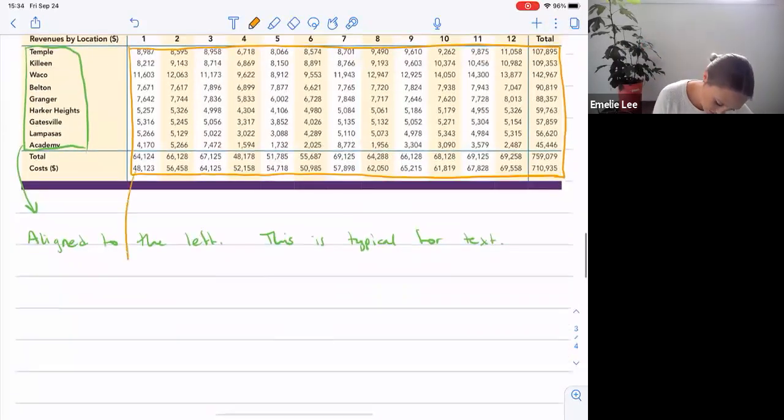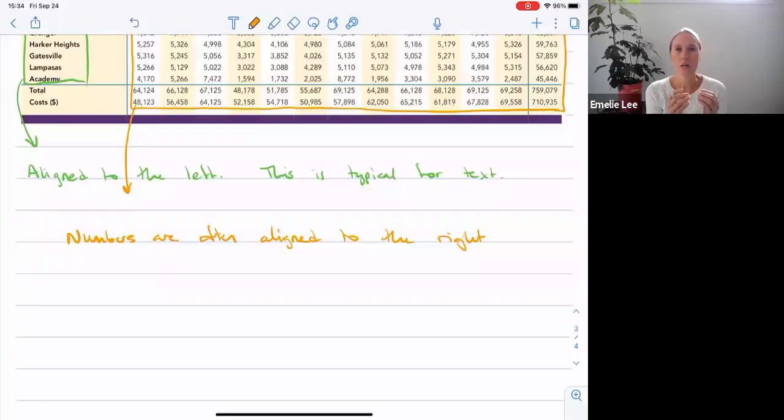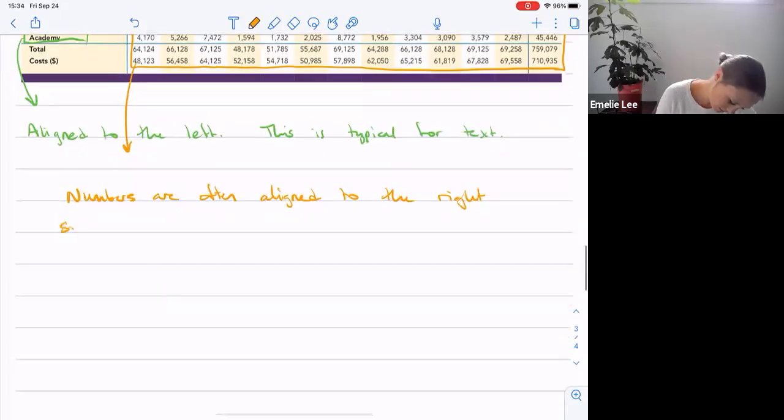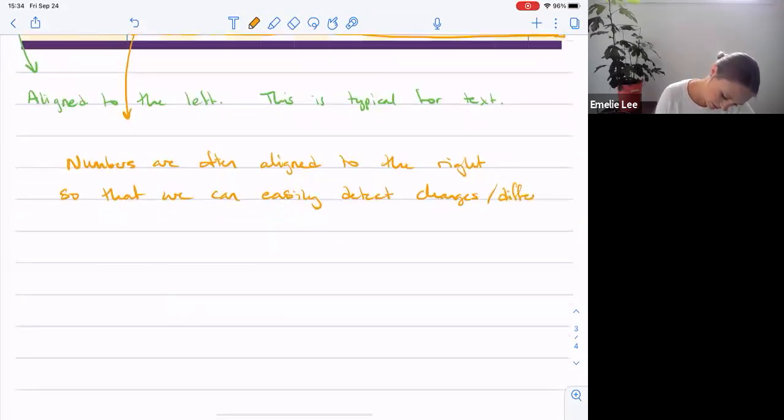So numbers are often aligned to the right so that we can easily detect changes or differences in magnitude.